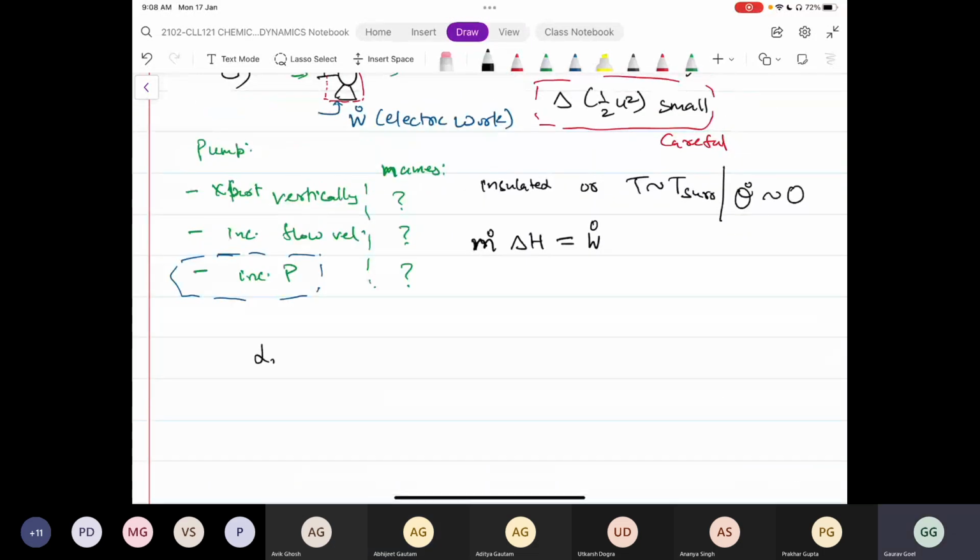Part D and E of this problem. So a gas compressor and a gas turbine. Very different equipment, but in terms of energy balance, very similar to the kind of energy balance I've done for a pump in part C. Okay.